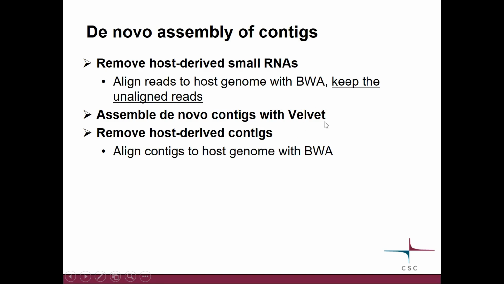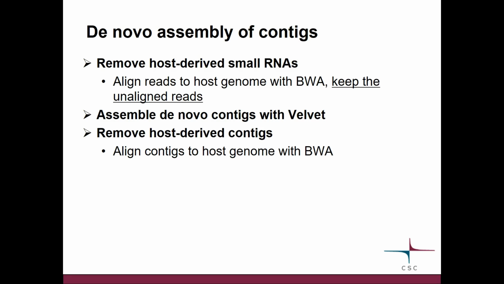And before the Velvet tool is run, the VirusDetect pipeline actually cleans the data a little bit. So it will remove those small RNAs which are coming from the host. Naturally, when you extract small RNAs from a cell, inevitably there will also be small RNAs which come from the host and which are not virus-derived.